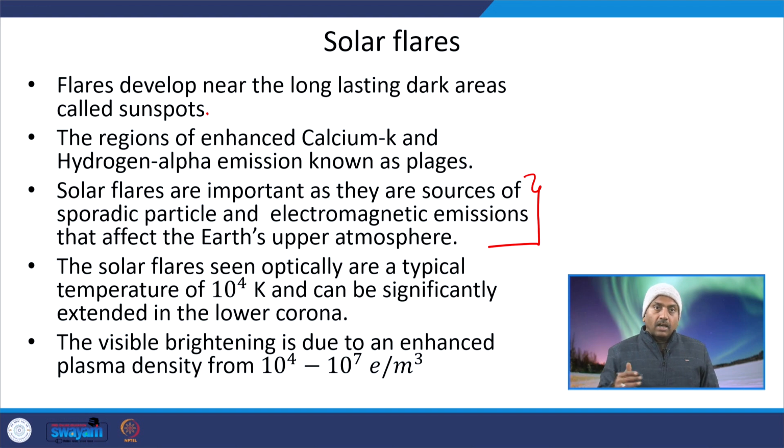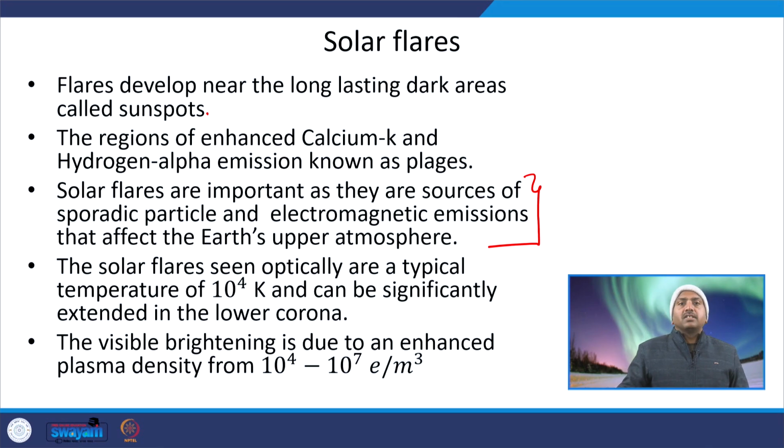At the same time, it can also bring in larger amounts of sporadic particle energy input into the Earth's atmosphere, which may also cause changes in the dynamics of the Earth's upper atmosphere, or more precisely, Earth's ionosphere. Okay, and how do you see them?